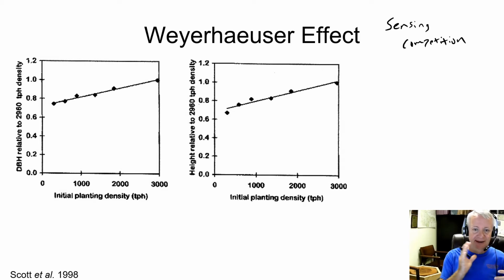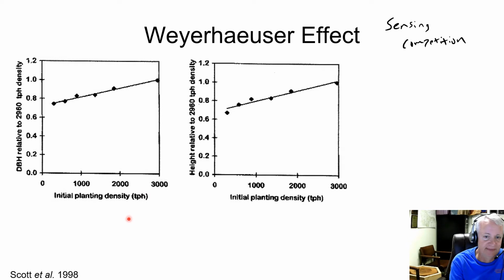So finding the appropriate density for planting to provide desired outcomes in terms of wood, for instance, is an important applied question. So it's not unusual for foresters to plant density trials. So this is an example of a density trial where trees were planted at planting densities ranging from about 200 trees per hectare up to 3,000 trees per hectare.